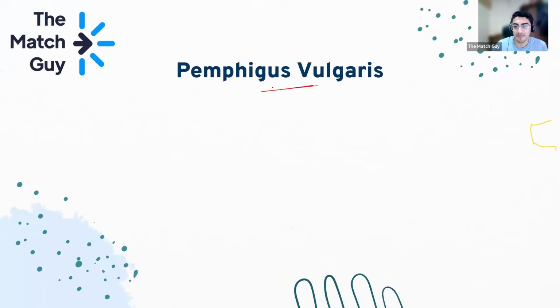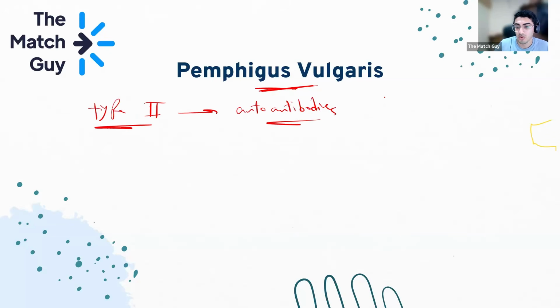All right, so let's start with pemphigus vulgaris, which is one of the bullous diseases. What causes pemphigus vulgaris? Pemphigus vulgaris is a type 2 hypersensitivity reaction, meaning we will have autoantibodies. These autoantibodies will destroy the desmoglein, desmoglein 1 and desmoglein 3.